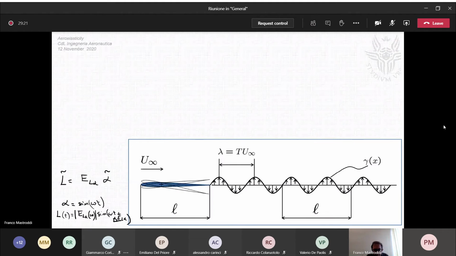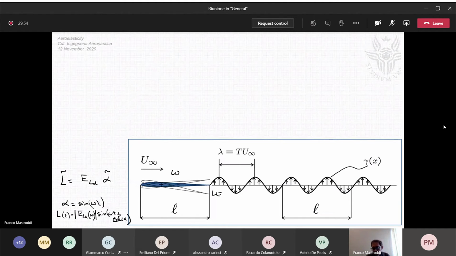For example, the vorticity shed by the leading edge here will oscillate as the airfoil is oscillating with the frequency omega. But pay attention, please. When the airfoil, can you see my arm here? Okay. When you have the oscillation of the airfoil, and this is the wake, we are going to generate here delta phi vorticity, gamma.